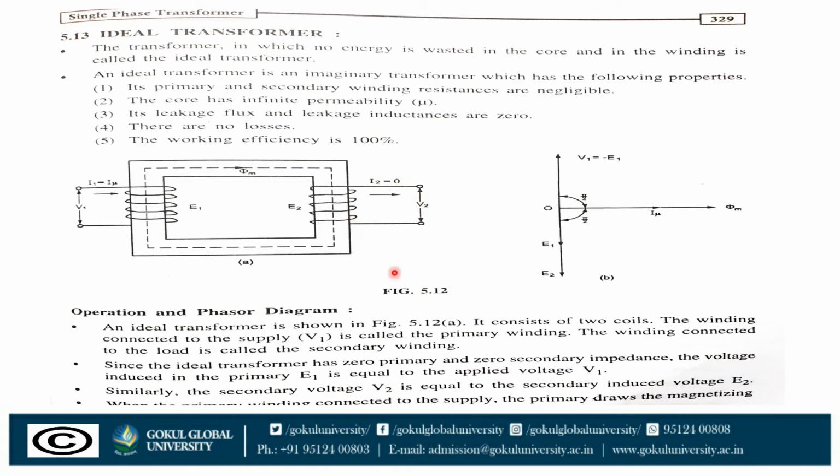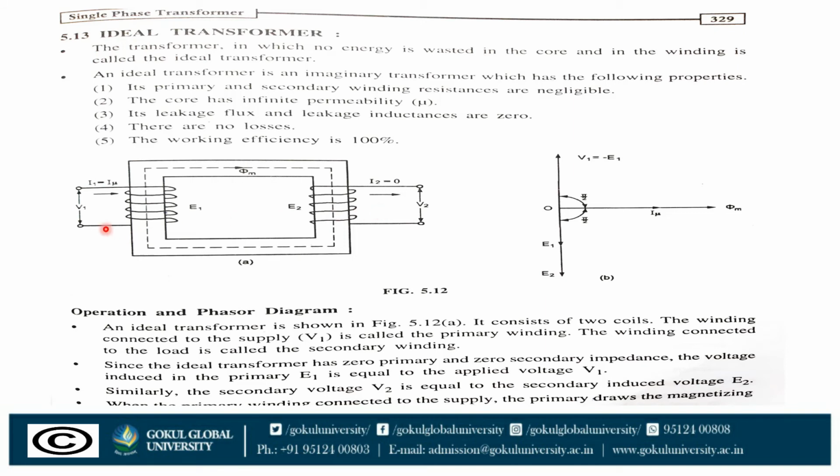Okay. Now how do we draw the vector diagram of the ideal transformer? Before that, we can understand the operation and phasor diagram. An ideal transformer is shown in the figure. It consists of two coils, primary and secondary. The winding connected to the supply voltage V1 is called the primary winding, and the winding connected to the load is called the secondary winding.